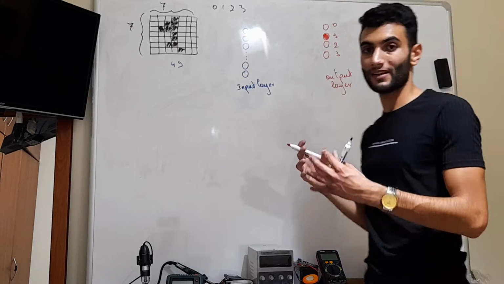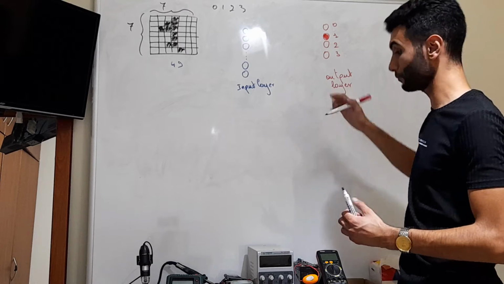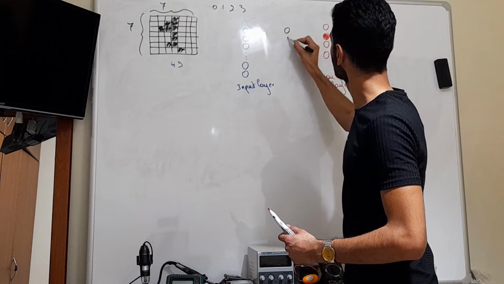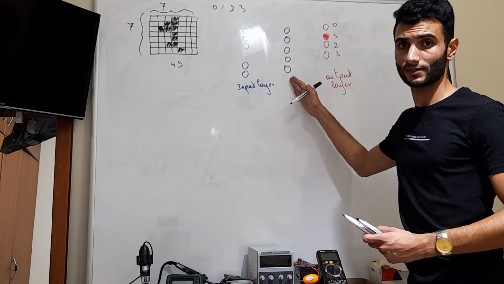Okay. The mathematics and the genius is between the input layer and the output layer. And here we have the middle layer, which also consists of many neurons.